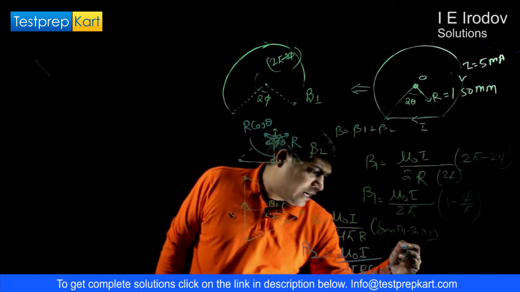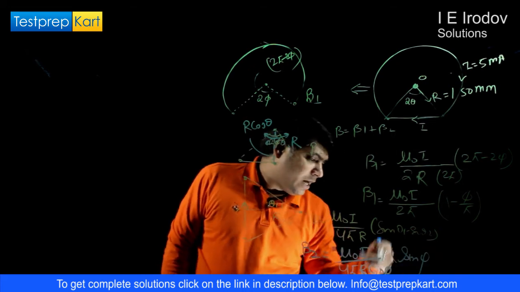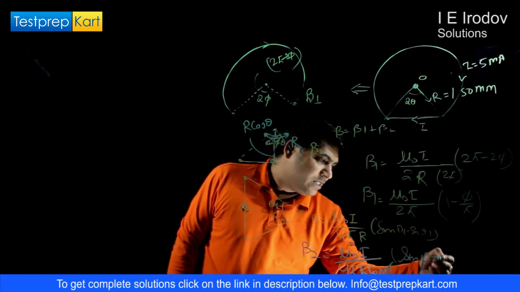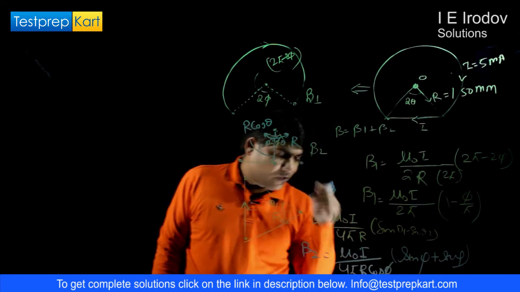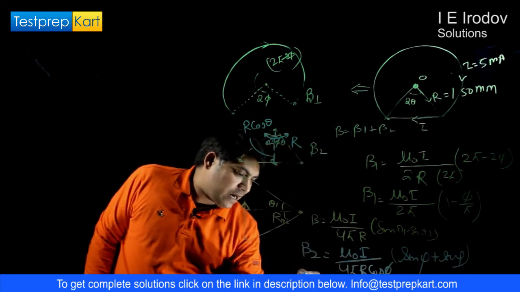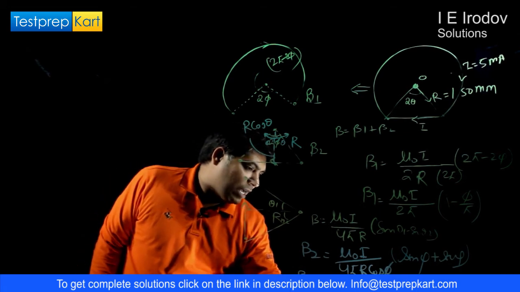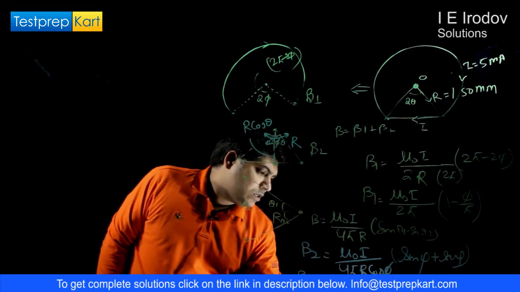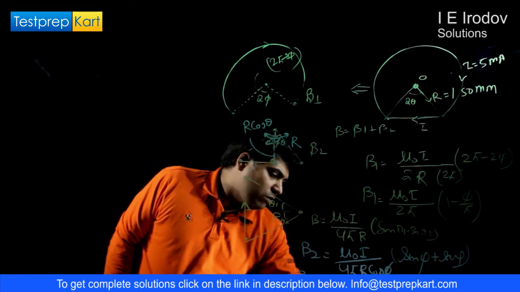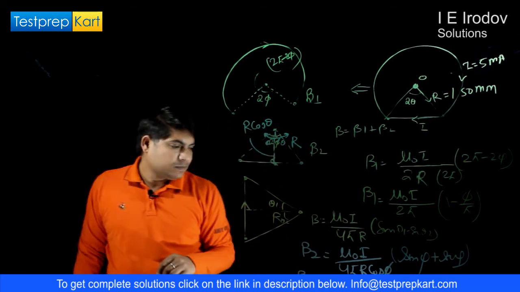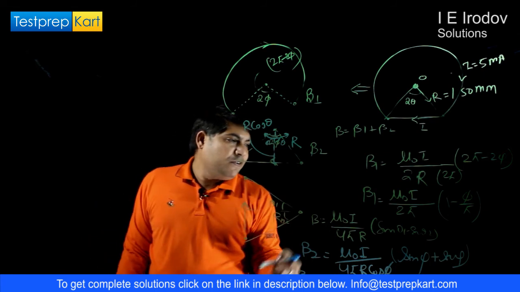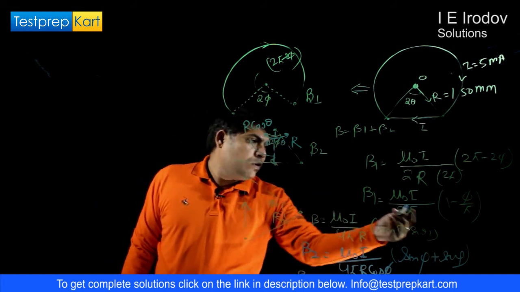So from here we can write sine phi minus of sine minus phi, that is plus sine phi. So the magnetic field due to this straight wire would be mu naught I upon 2 pi R into tan phi. So the net magnetic field is B1 plus B2.